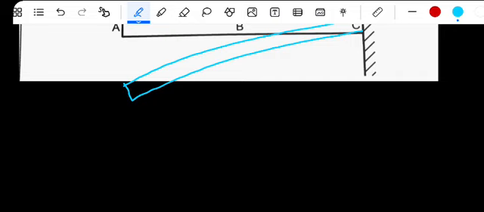Let me just say deflection at point A. We know we have the free end, so we'll have the deflection there at point A due to the free end.